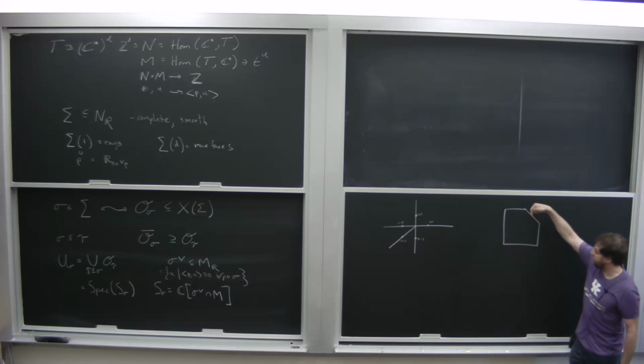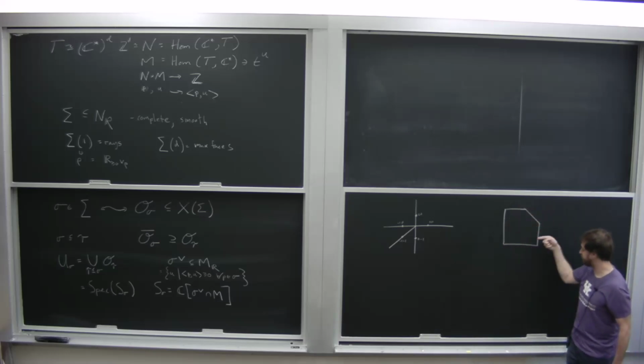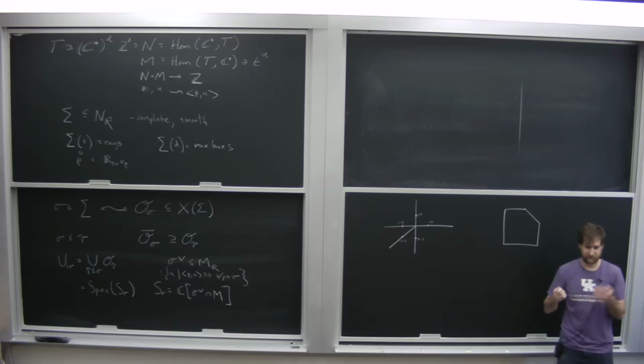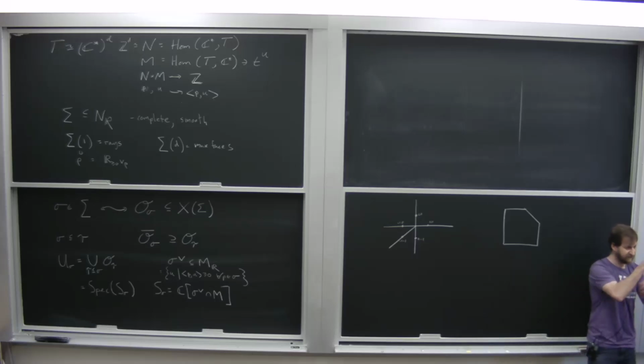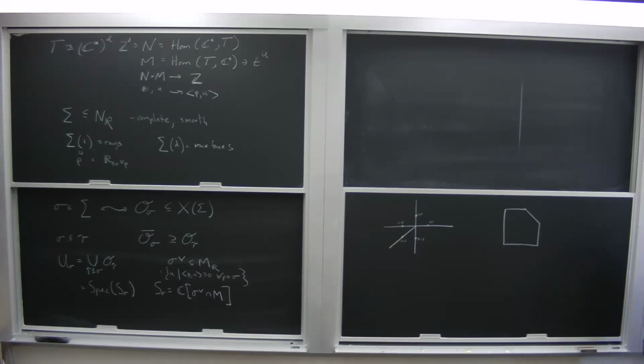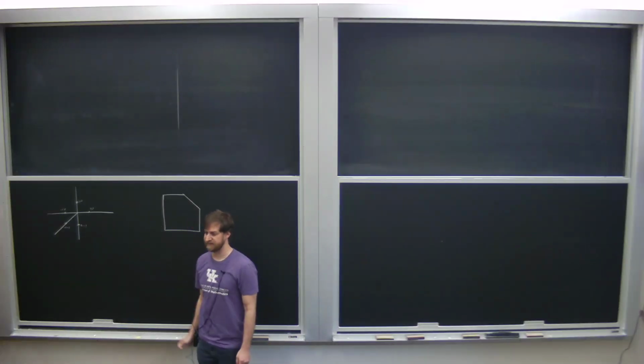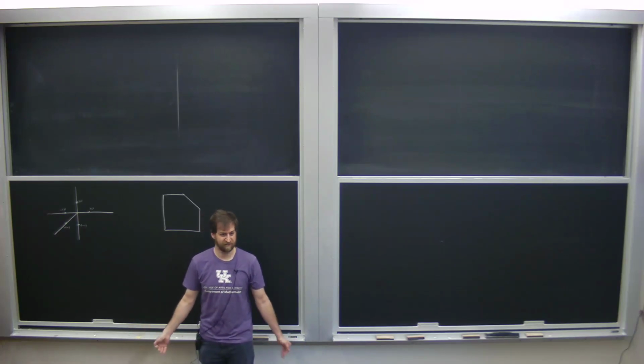You make the inner normal lattice directions for each of these faces the rays, and then anytime a collection of facets of your polytope share a common face, you fill in those collections of rays, and that gives you a complete fan. I would call that fan projective because it corresponds to a projective toric variety. But the assumptions I've made on sigma have not necessarily made it projective.